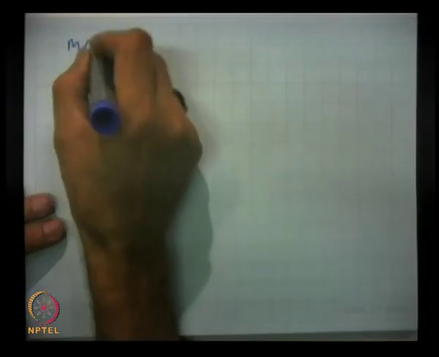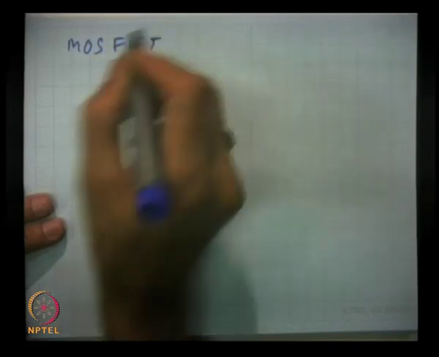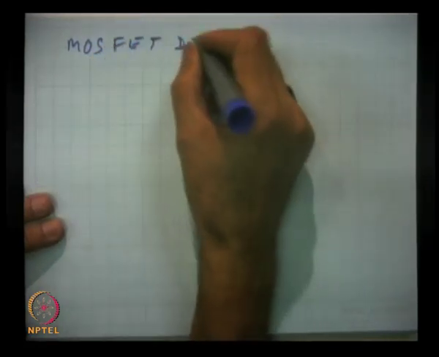Now, all through this analysis we have taken BJT differential amplifiers, but instead of a BJT we can use a FET, JFET or MOSFET, and we can form a differential amplifier. For example, a MOSFET differential amplifier.